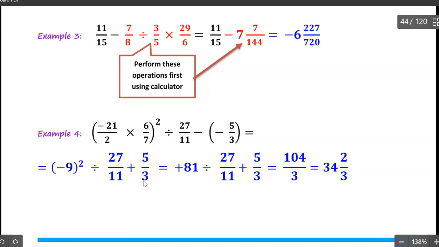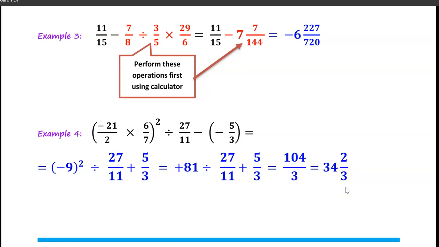Then after I square this number, it becomes 81, and here's the operation that you have to consider, which one you have to perform first. So if you take 81 divided by 27/11, it gives you a result, you add that with 5/3, and it should give you this number. However, the calculator will give you 34 2/3 as the mixed number right away.